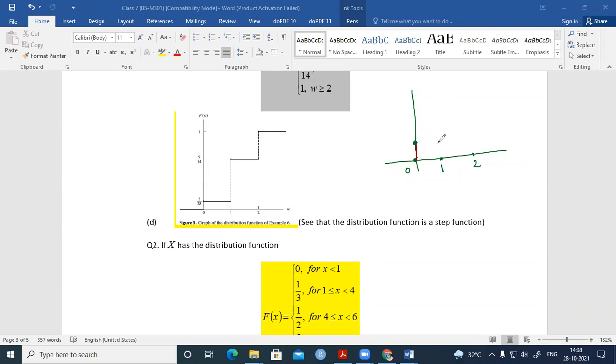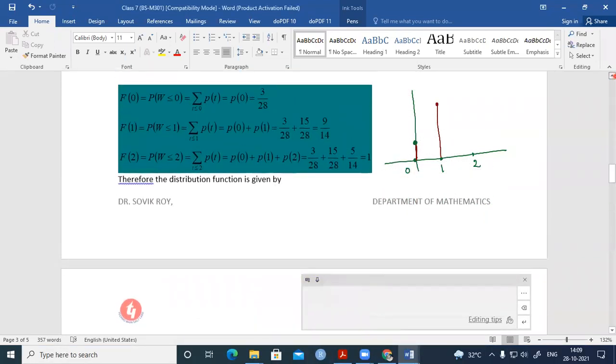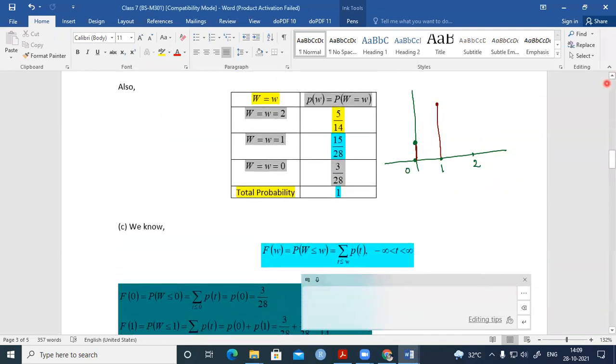Which one is larger? Somewhere here the point will come, and for 2, the value was not 1. What was the value? I forgot. Let me scroll up. Oh, there were different values: 5 by 14, 15 by 28, and 3 by 28.